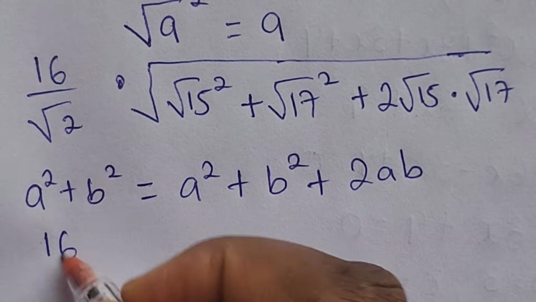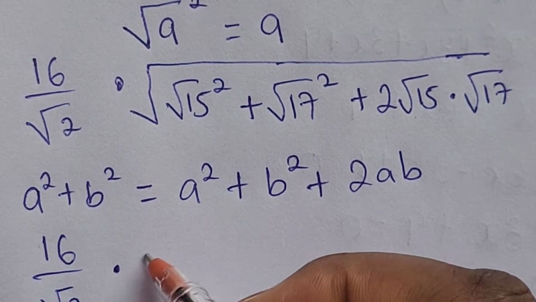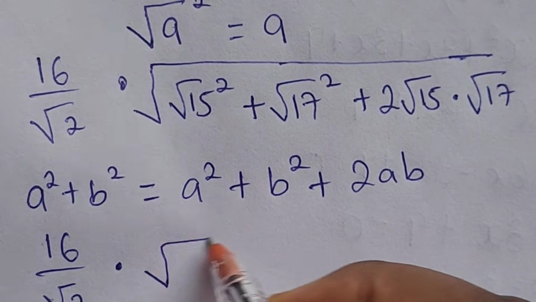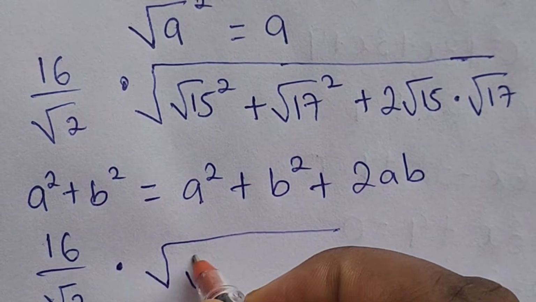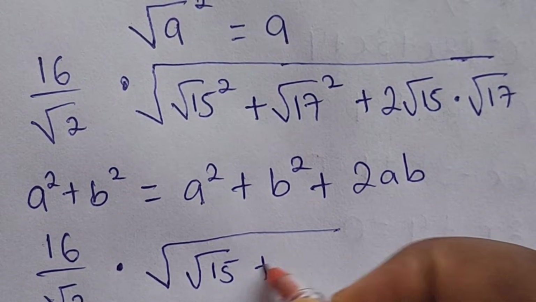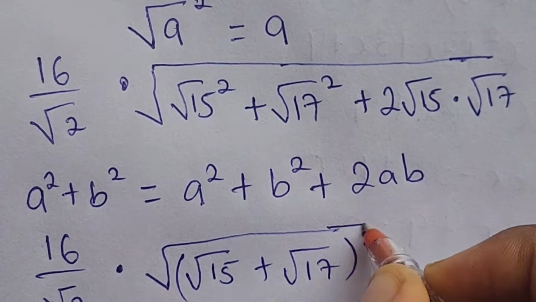We have that 16 over root 2 will be times the square root of our a here is root 15. So we have root 15 plus root 17 all squared.